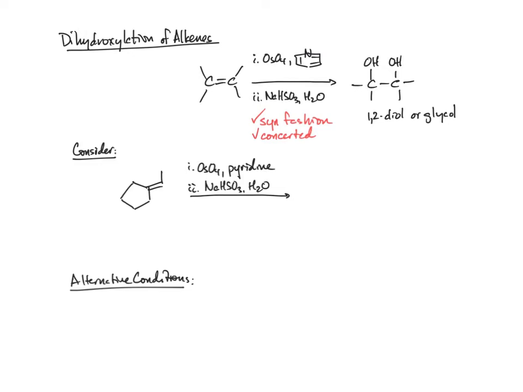How many faces of this alkene starting material do you see? So how many faces, hopefully we understand what I'm trying to convey here. How many faces of the alkene pi bond are there? Face.